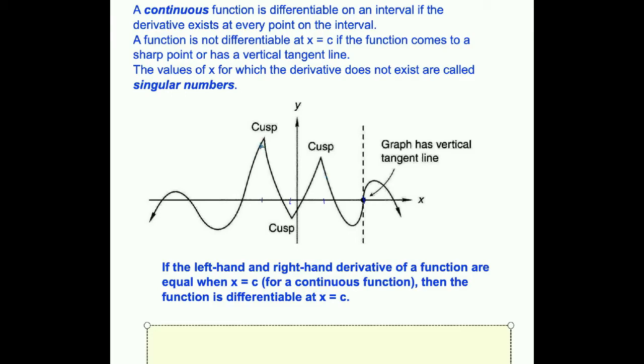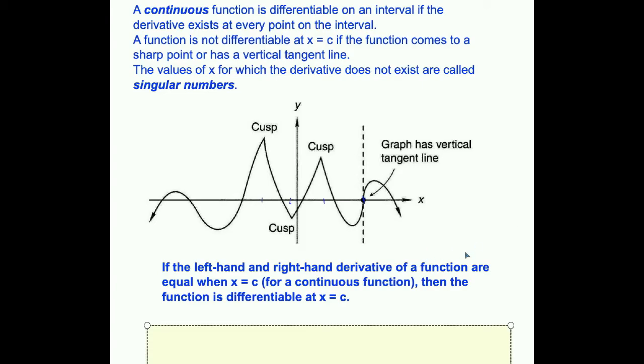So notice here really quickly, as we look at the derivative of this line, it's a positive tangent line all the way up until this point. Over here, this is a negative tangent line to the right of this point. So it's not differentiable at x equals c.